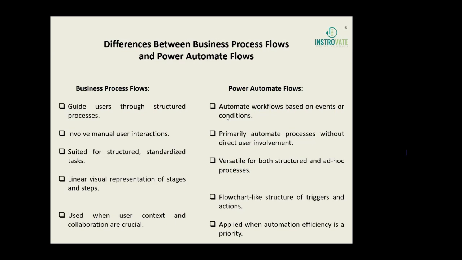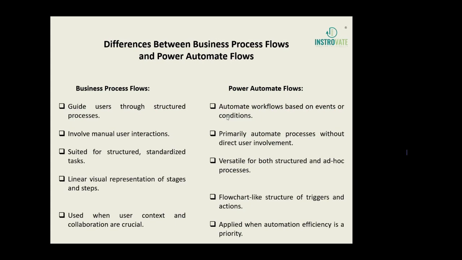Now we will see the difference between business process flow and Power Automate flows. Business process flow guides users through a structured process, but Power Automate automates the workflow based on events or conditions.